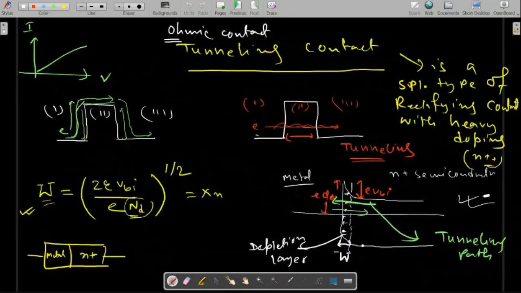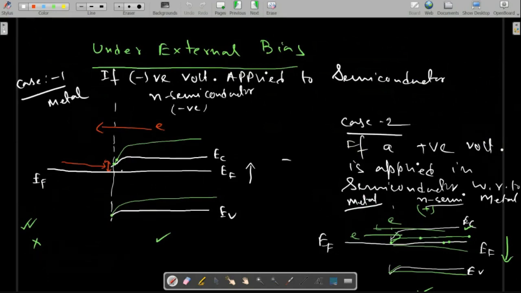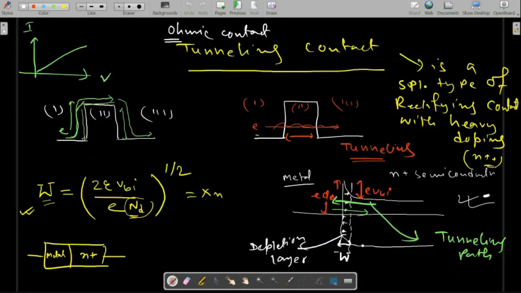In both cases you will get this linear IV characteristics, but for non-rectifying we have a strict requirement on the selection of semiconductor and metal. Only a few semiconductors and metals can create that non-rectifying contact, but they might not be compatible with MOS technology. But we can adopt this strategy. We can easily go for a rectifying contact with heavily doped semiconductor. That means there will be a tunneling path, and the IV characteristics will be linear in nature.